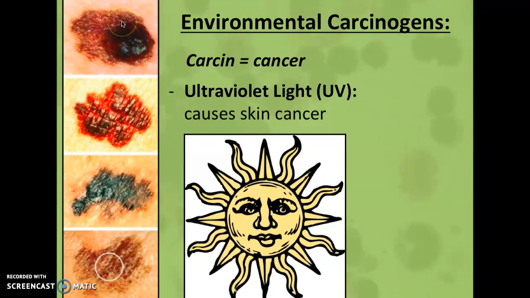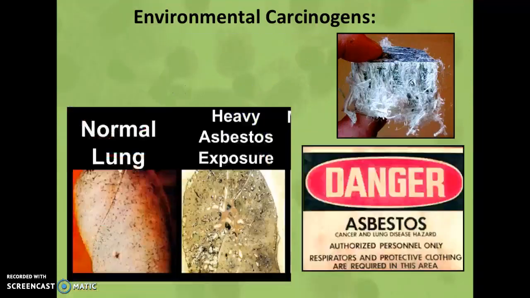So it may cause moles or growths on your skin to become discolored or larger or big and sort of irregular shaped. So UV radiation is ultraviolet radiation from sunlight. So that can cause skin cancer specifically.